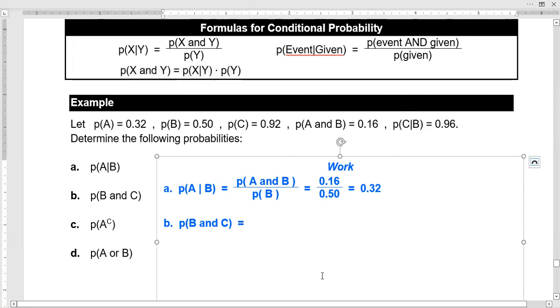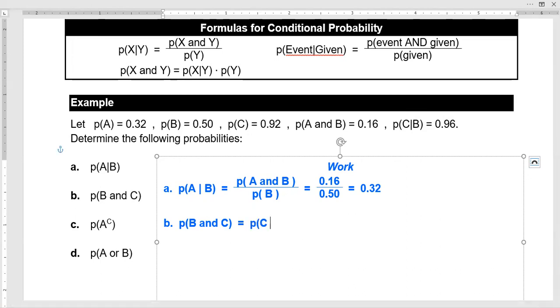I'm going to use C instead of x for this one, and B instead of y, because here I know C given B. That's how I'm going to do this replacement.